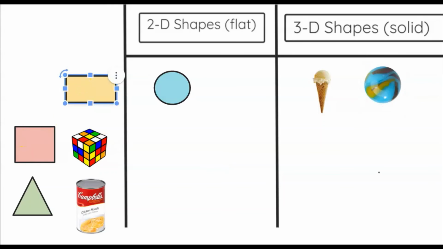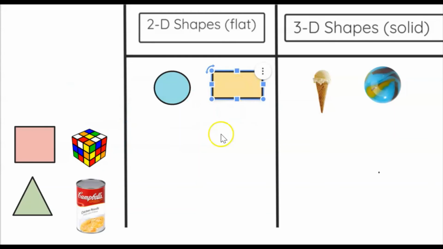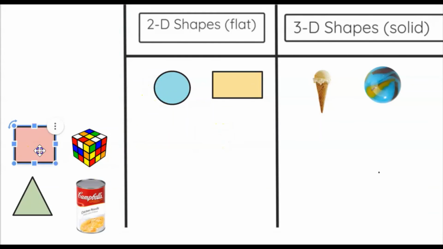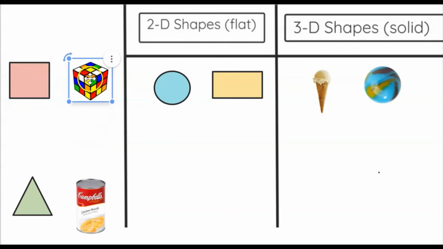What about this shape? This shape is a rectangle. A rectangle has 4 corners, 2 long sides, and 2 short sides. How about this shape versus this shape? We know that this is a square, and this looks like a square.